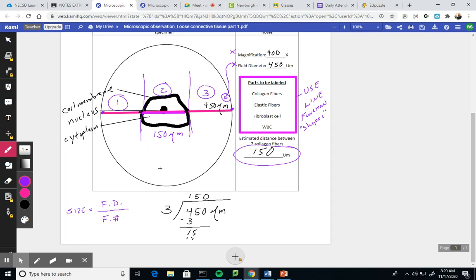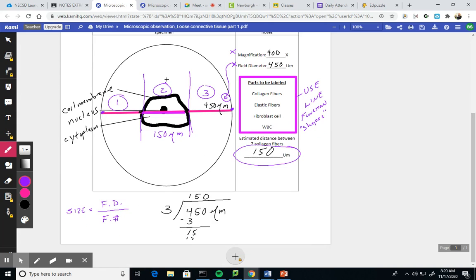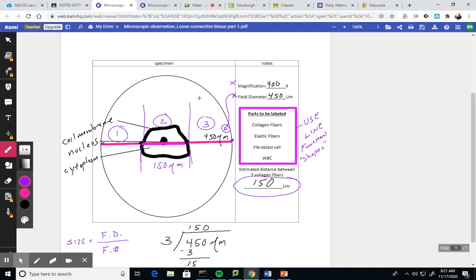Okay, so starting next week and moving on, we're going to be doing a lot of microscopic observations, and they're going to look like this. You're going to be given a page like this with a circle and parts to be labeled and magnification. And I'm going to ask you to estimate the sizes of things. So it's very important to know how to do that.